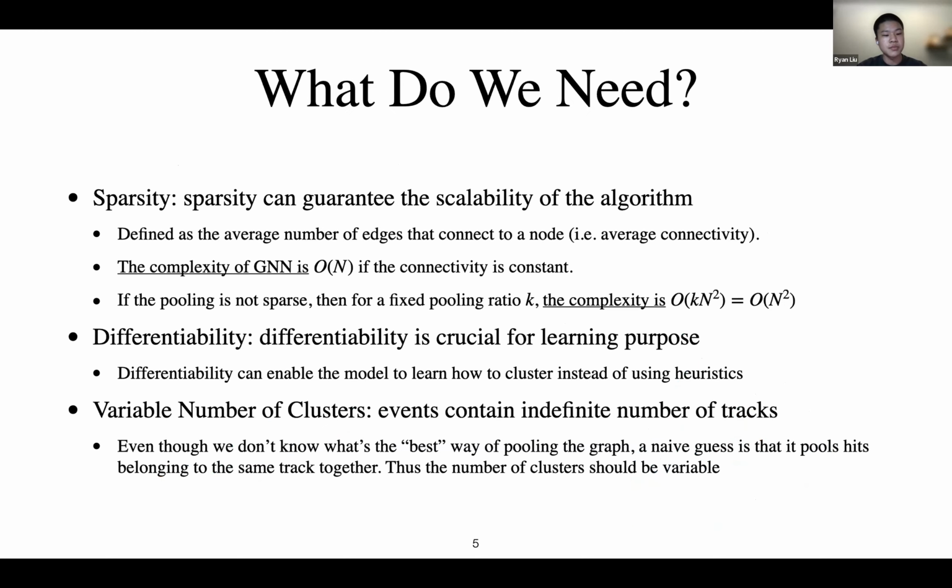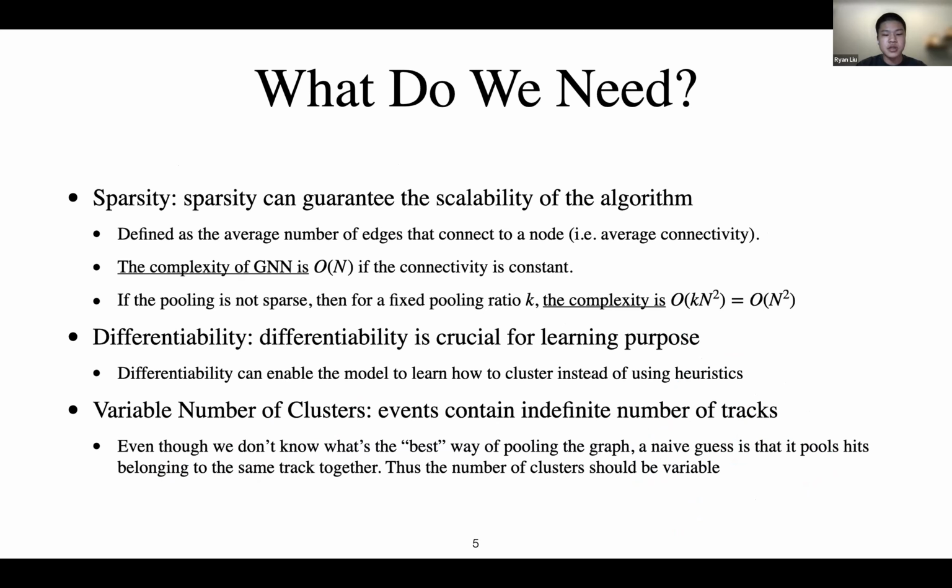So what do we need? Firstly, we have to maintain the sparsity of the graph. Normally, the adjacency matrix of the graph is a sparse matrix, which means that the computational cost of performing graph convolution is proportional to the number of edges. This is not as expensive as a fully connected graph, which is O(n) squared.